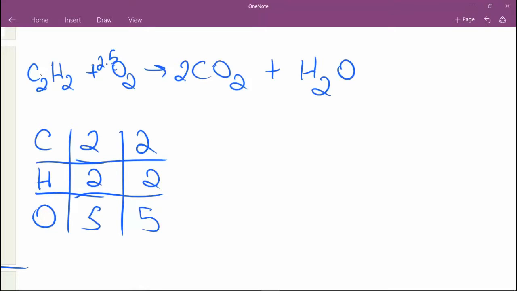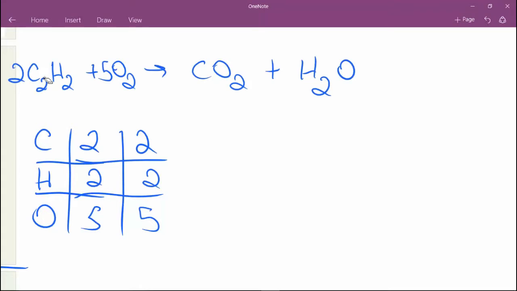You have to change all the coefficients so that they get rid of any half numbers. So you can use a fraction as a tool to help you get to the balanced chemical equation, but in the end, the final answer needs to be multiplied by 2 so that you can get rid of the half. So I'm going to say there's 2 of these. 2.5 times 2 is 5.